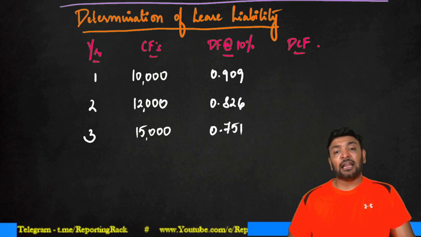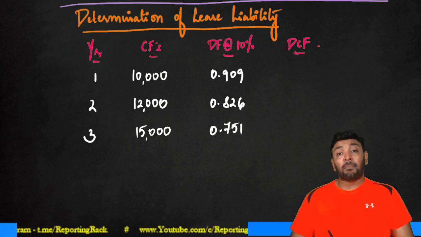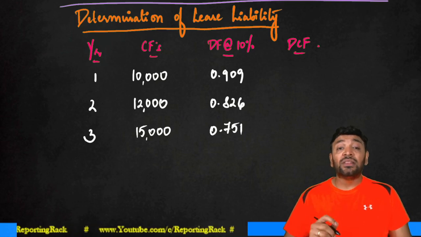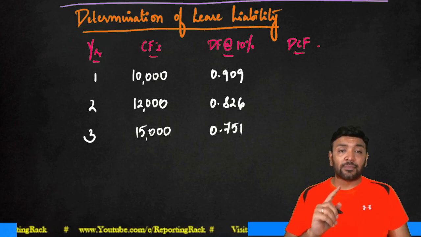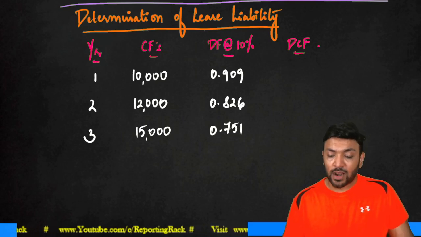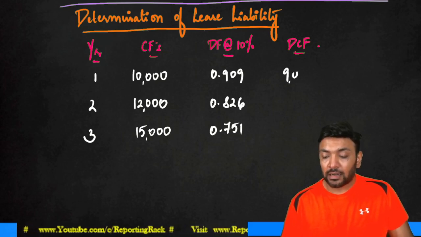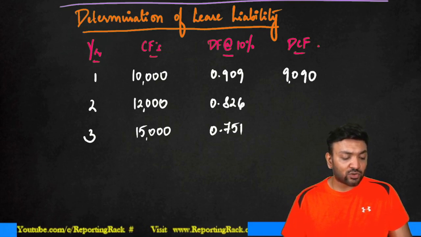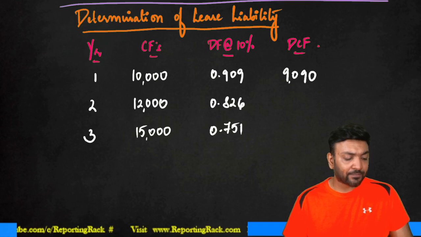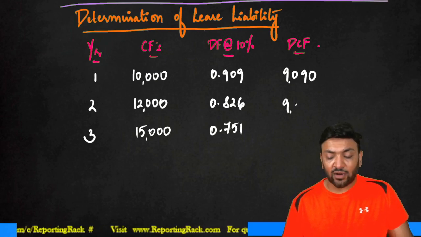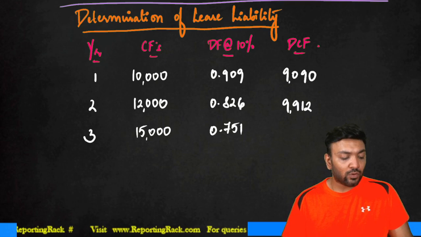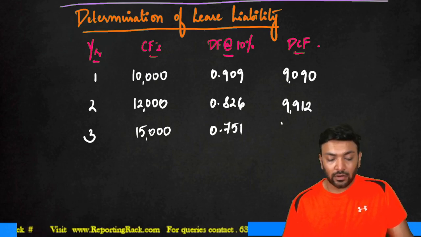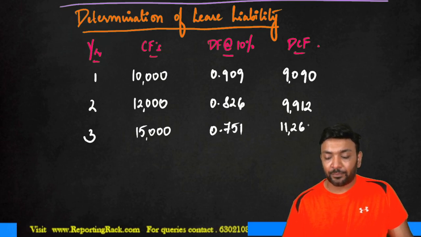These are paid at the end of each year. Multiply with the discount factors to get the discounted cash flow. These are cash flows paid after the commencement of lease. So first one, 9,090. 12,000 into 0.826, 9,912. 0.751 into 15,000, 11,265.